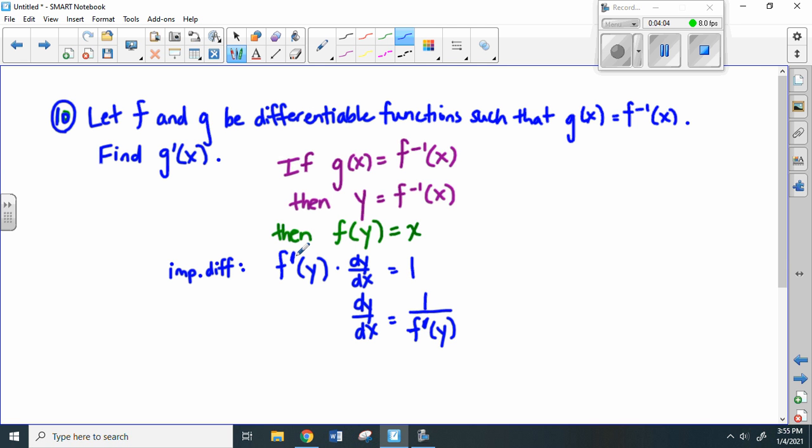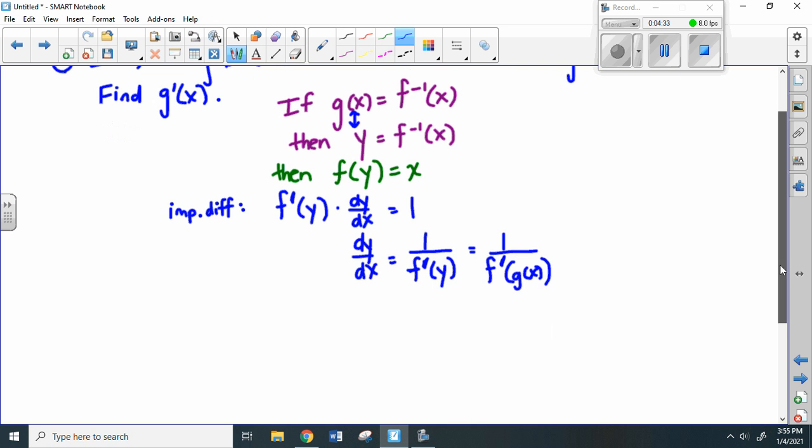Well, what does that have to do with g of x? Remember, I used g of x and y interchangeably, so I can substitute it back in place of y. So what have we just shown?